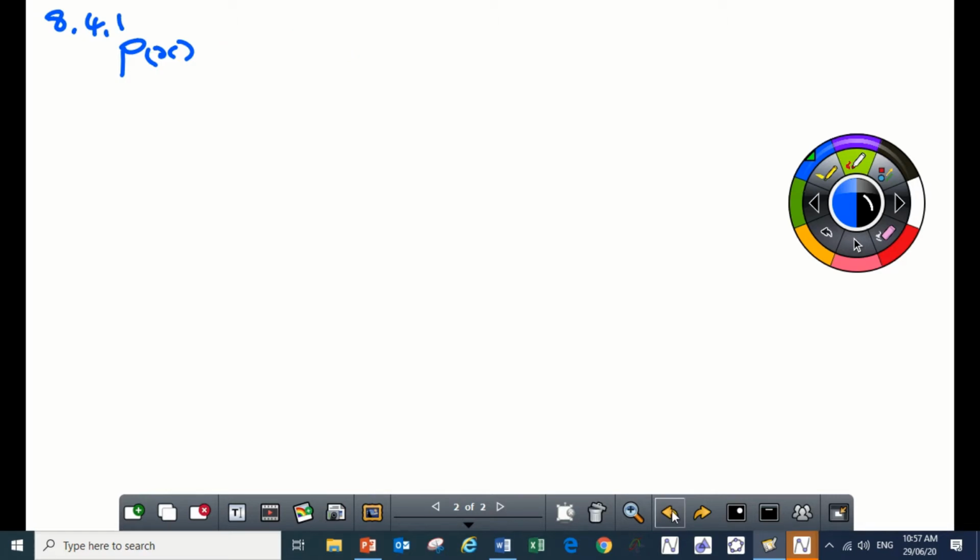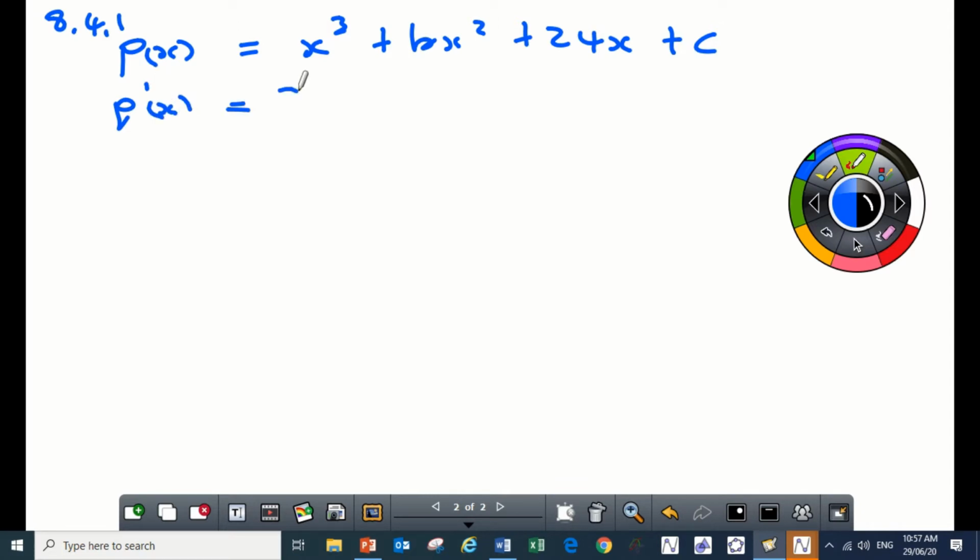It's x cubed plus bx squared plus 24x plus c. I see both are wearing a mask. The voice is going to be a bit exaggerated. Okay, so p prime of x is going to be equal to 3x squared plus 2bx plus 24.